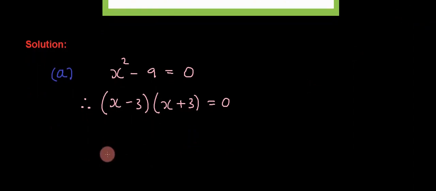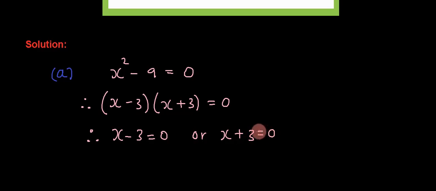And now we can use the zero product rule. So x minus 3 is equal to 0, or x plus 3 equals 0. And solving for x, we see that x is equal to 3, or x is equal to negative 3. Let's look at the alternative way of doing this.